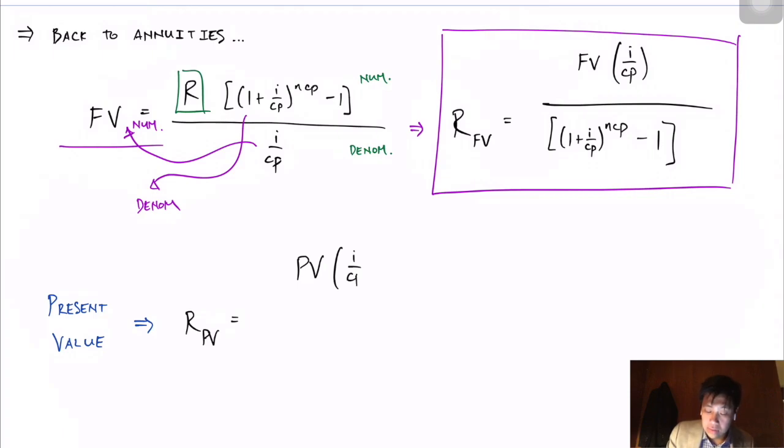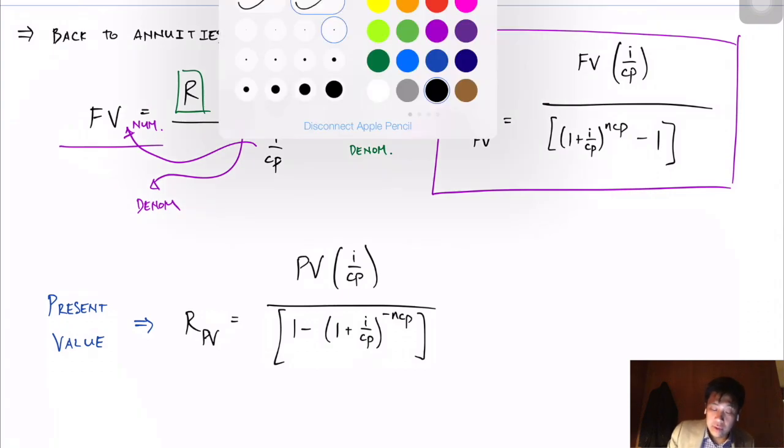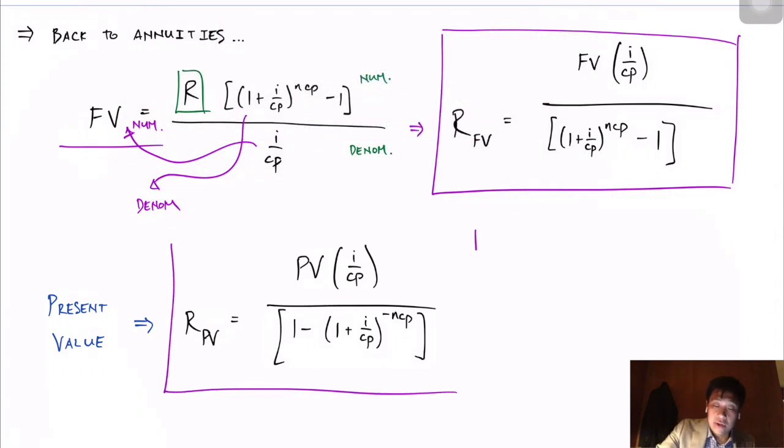And then now, 1 minus 1 plus I over CP raised to the negative n CP. So you can see I got this equation by using the present value formula and using the same technique of using the reciprocal fraction to isolate R. Again, let me box this one more. So now we have our 4 equations as far as this class is concerned. Our 4 equations involving annuities. Okay?